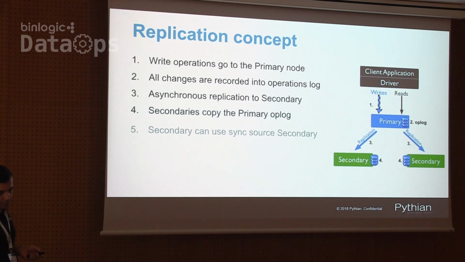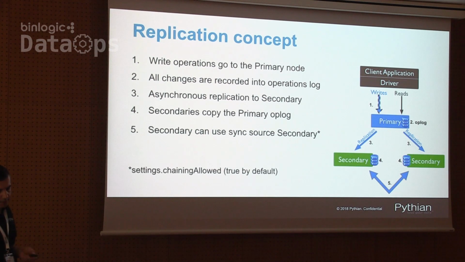The secondary nodes copy the primary's oplog to their own operations log and apply those operations to the database on the secondary node. By doing that, a secondary node can use another secondary as a sync source, because it is the same oplog that comes from the primary.